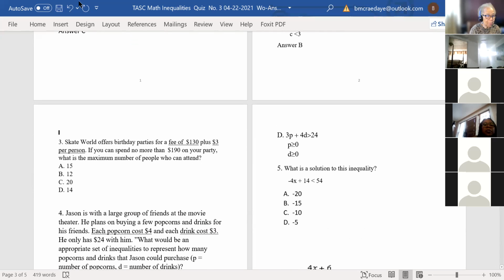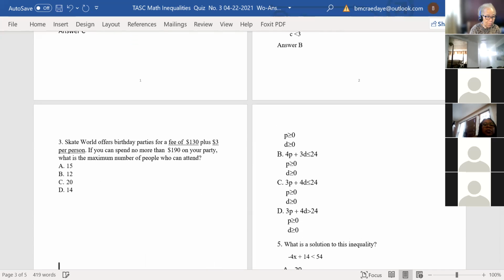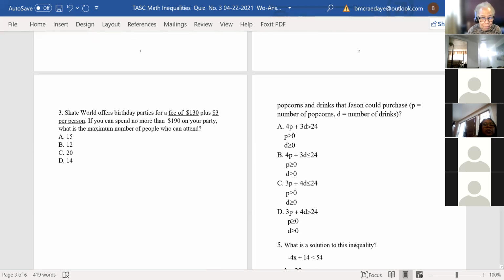Number 3. It's a word problem. Maureen, read number 3 and tell me how to solve it. State word of a birthday party for a fee of $130 plus $3 per person.